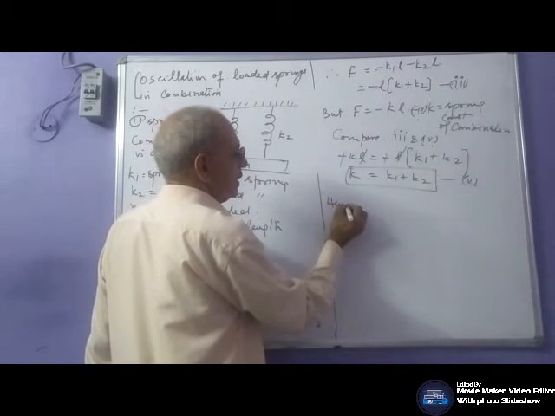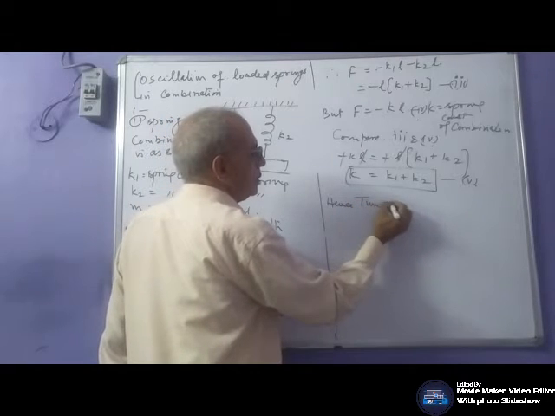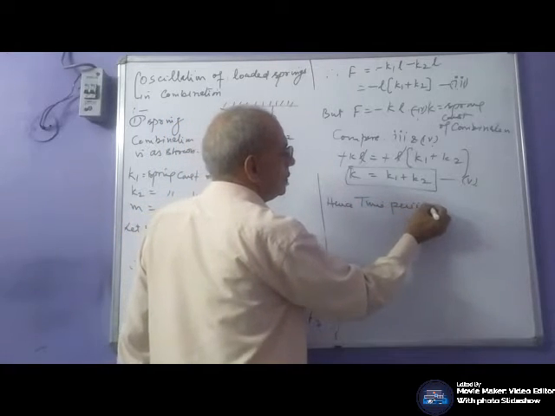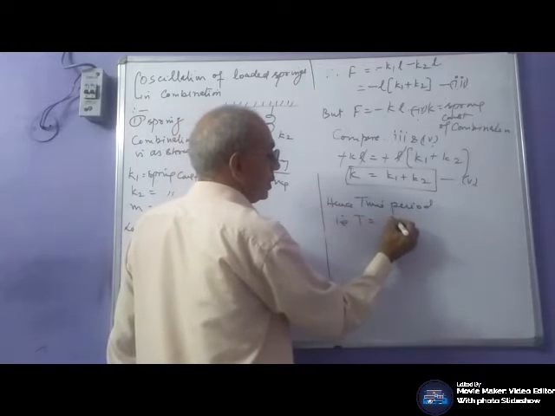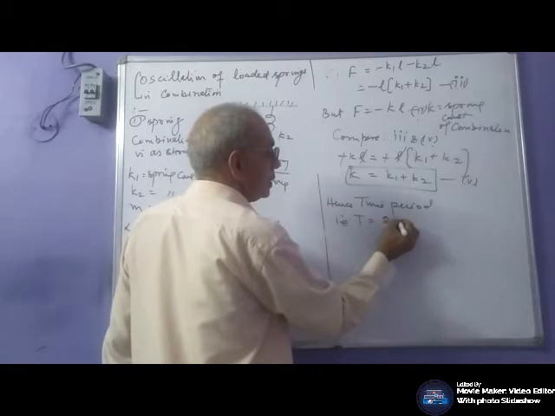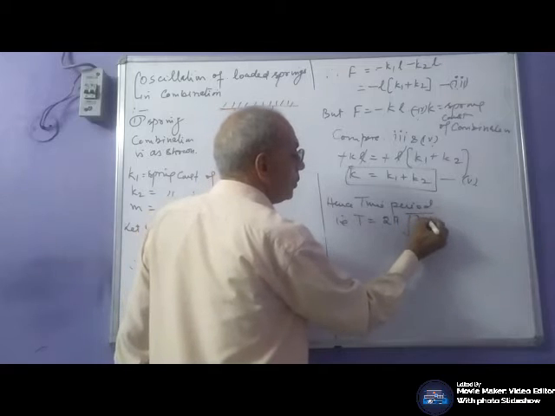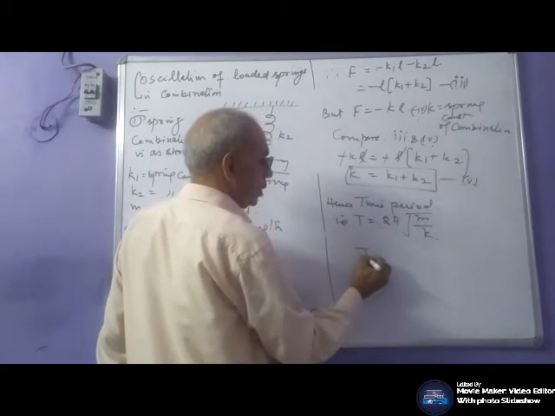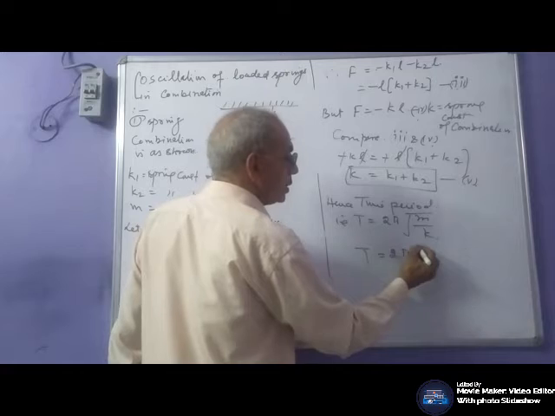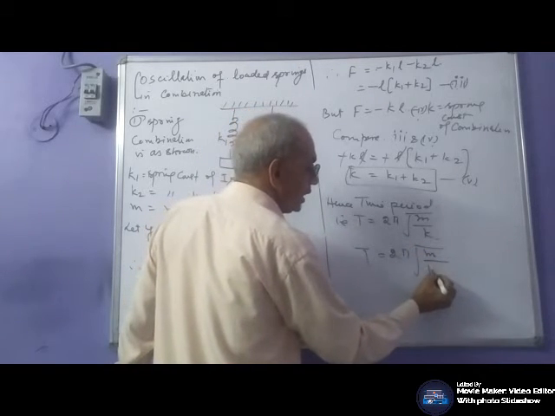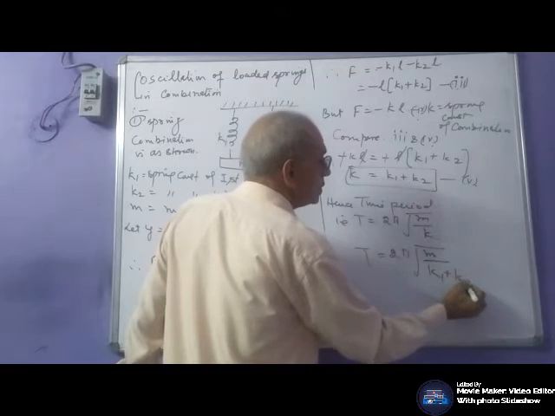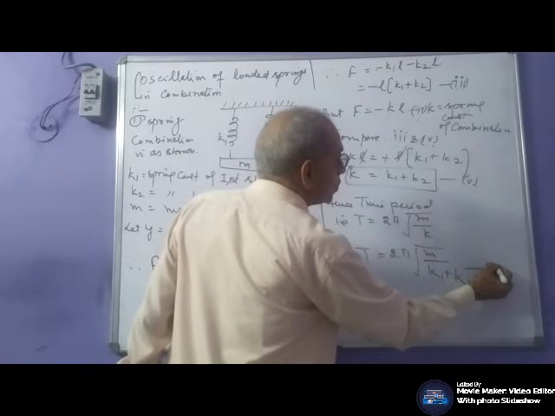Hence time period, that is T equals 2 pi root m by K, or T equals 2 pi root m by (K1 plus K2).